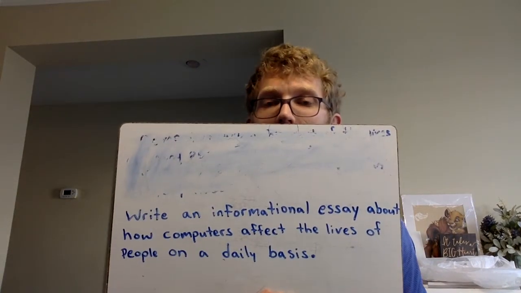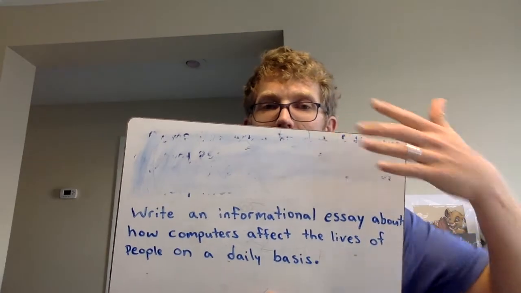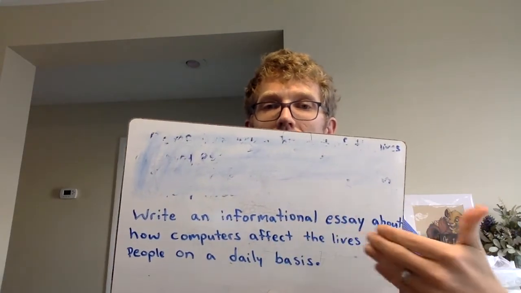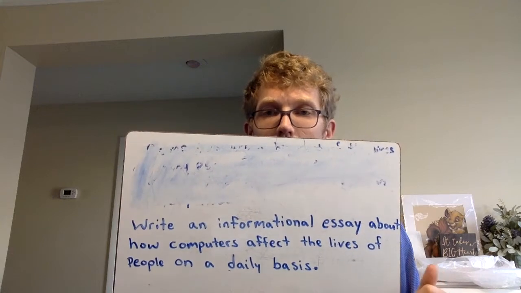So what does that look like for my prompt? It's me erasing or not even looking at this top part. How do I know not to look at the top part? Because it doesn't tell me the type of writing that I'm looking at or anything. Okay?